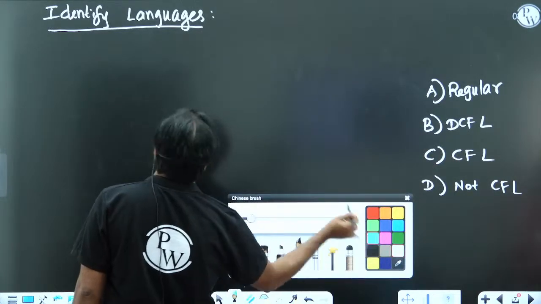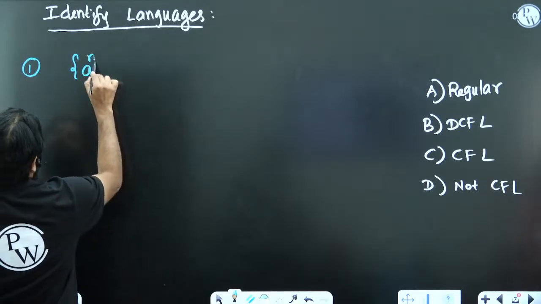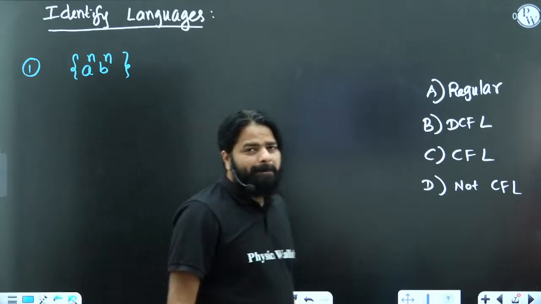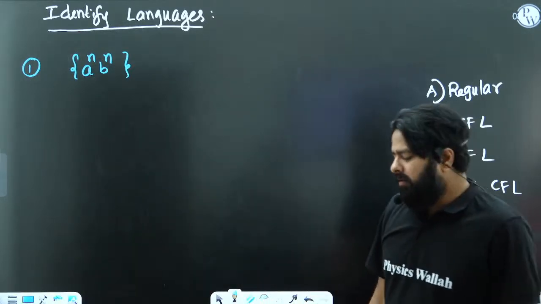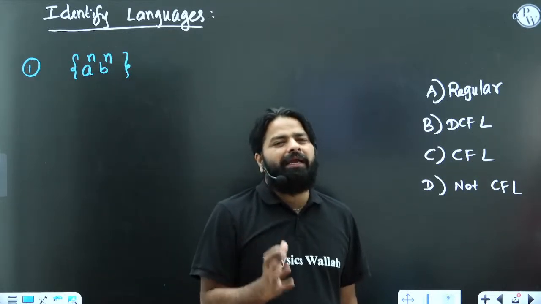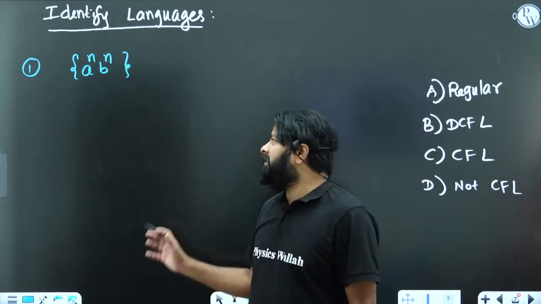Let's try the first language: A power n, B power n. Quick. Okay, now you will get to know how to relate the DPDA and PDA. So what exists for this language?